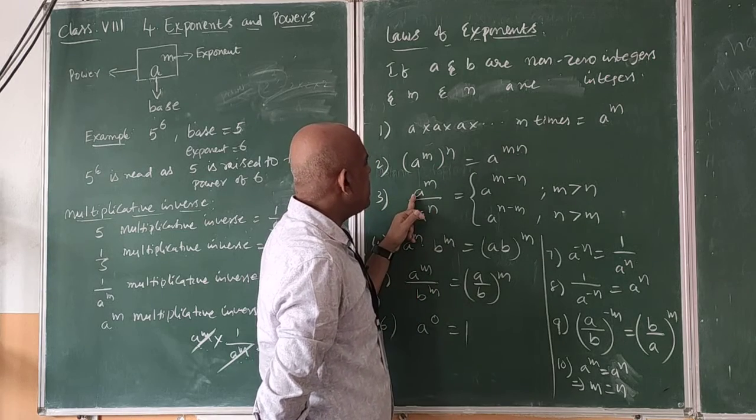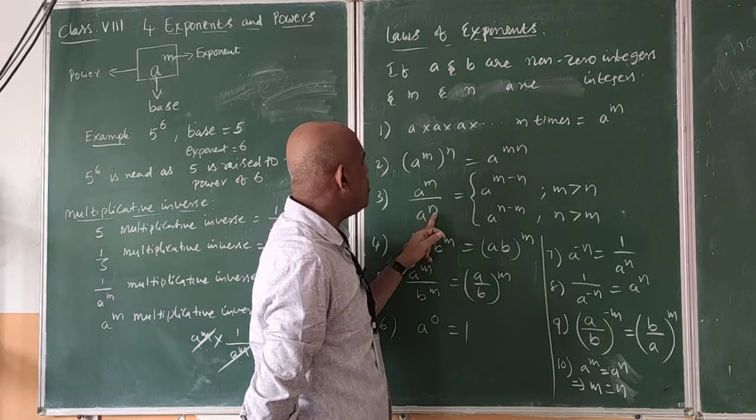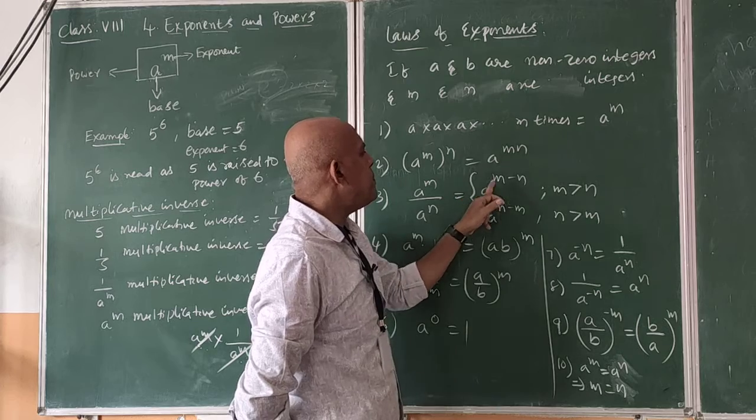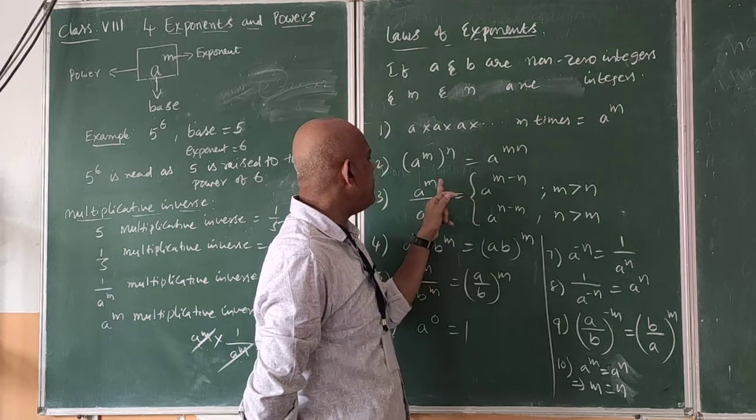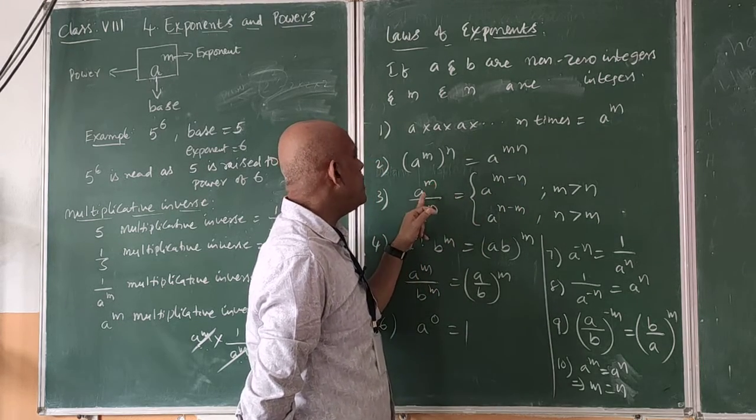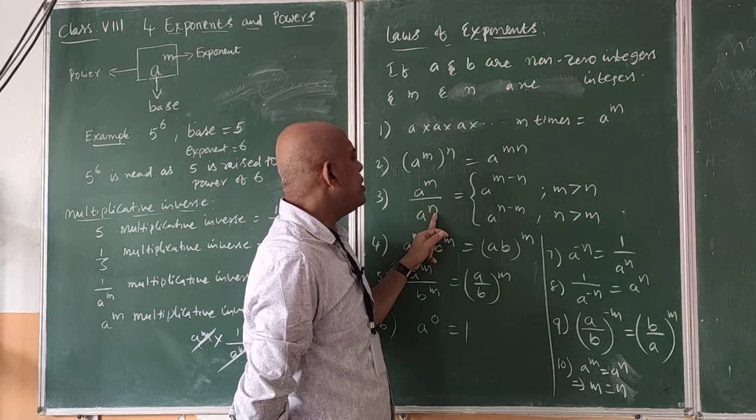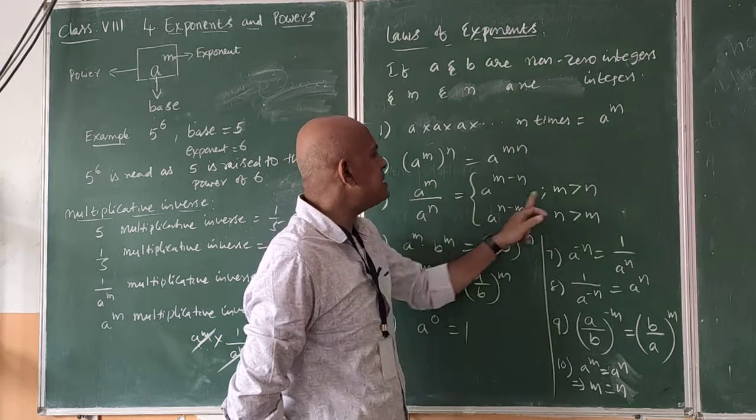Next, a to the power of m by a to the power of n is equal to a power m minus n, when the numerator exponent is bigger than the denominator exponent, that is, m is greater than n.